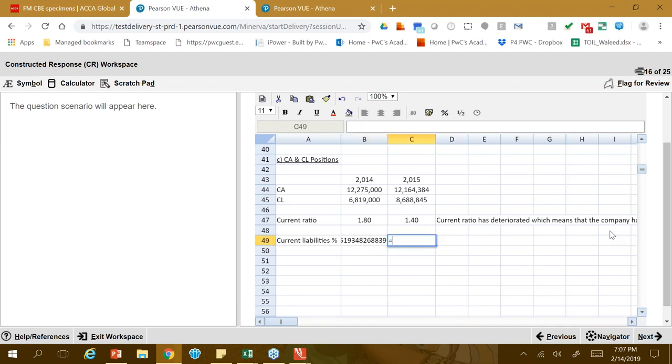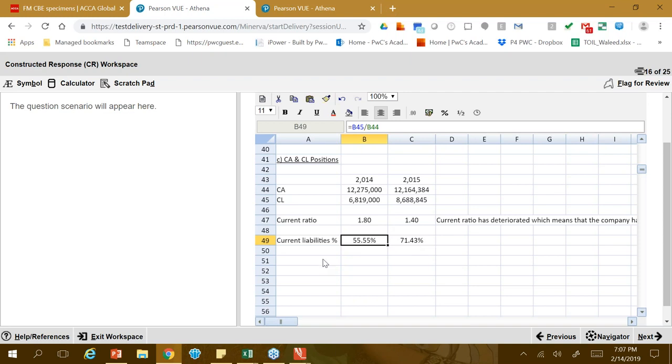I can say B45 over B44, and the same thing here, C45 over C44. So 55% and 71% is the current liabilities percentage here.